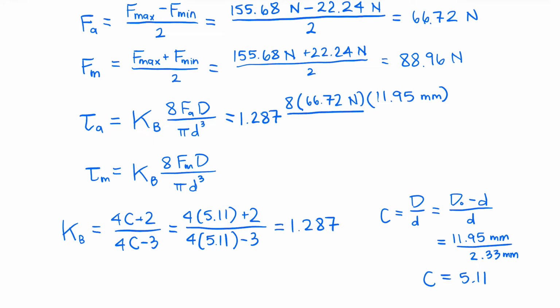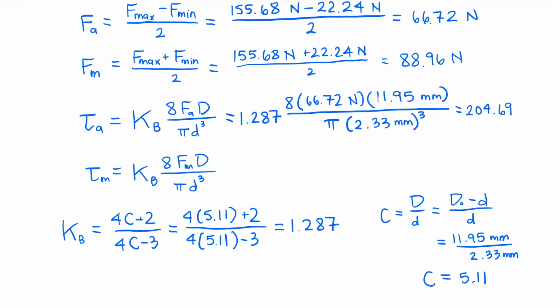Make sure you're plugging in the mean coil diameter there, not the outer diameter. Divided by pi times 2.33 millimeters cubed. Okay, so that number comes out to 204.69.